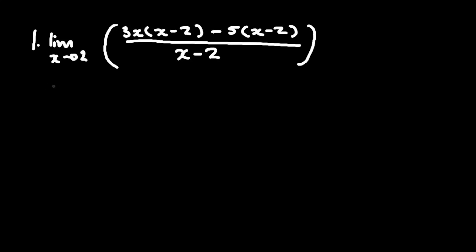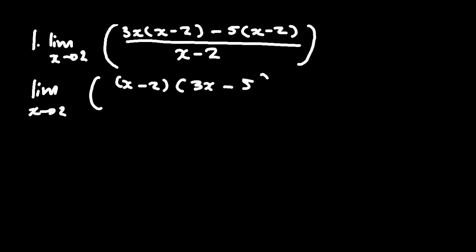So I can come here and say the limit as x approaches 2 of, and then take out my common factor, which is x minus 2, multiplied by 3x minus 5, all divided by x minus 2. That's x minus 2 here.